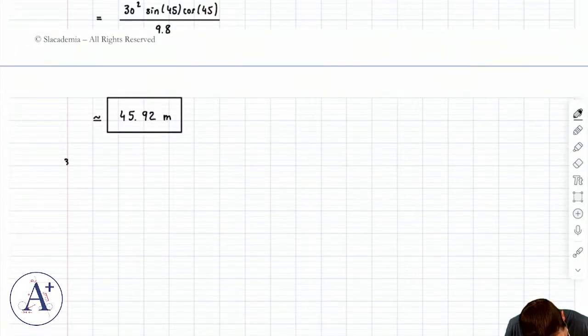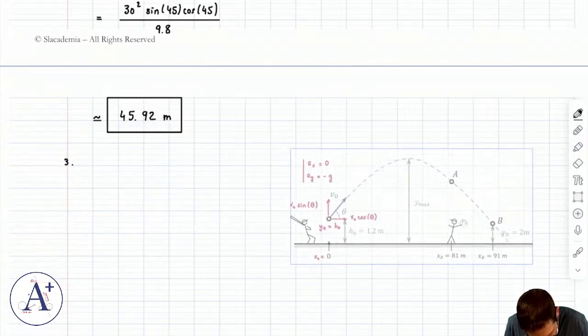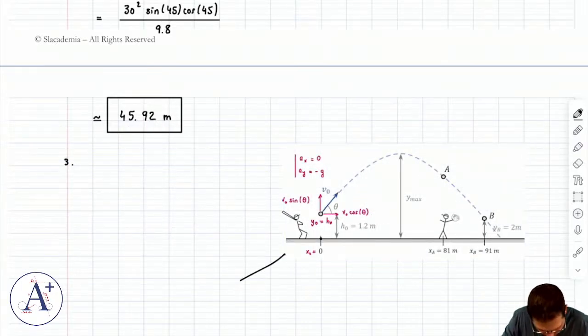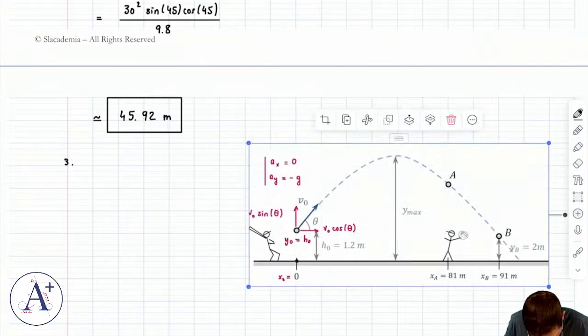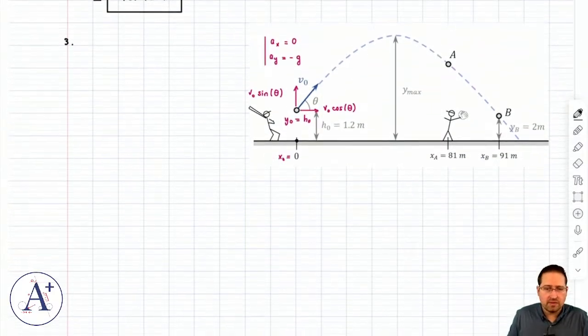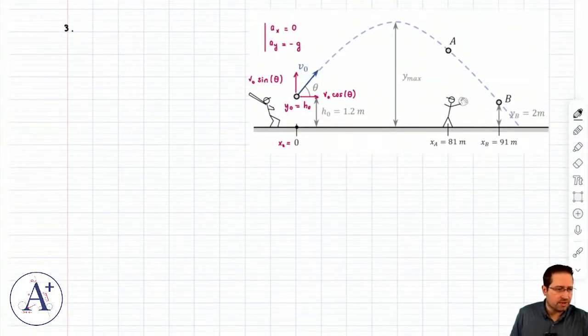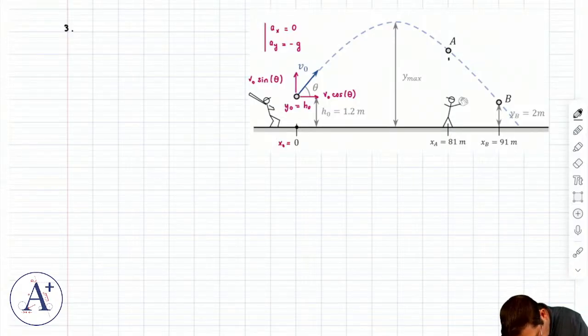All right, now question 3. Question 3 asks, if the outfielder jumps vertically, can he catch the ball at point A? Okay, point A being directly above him.